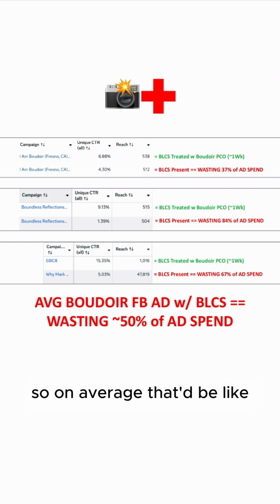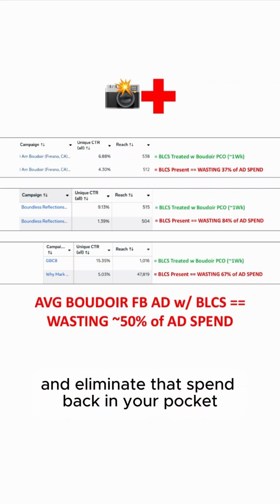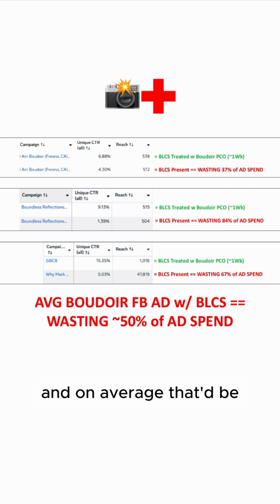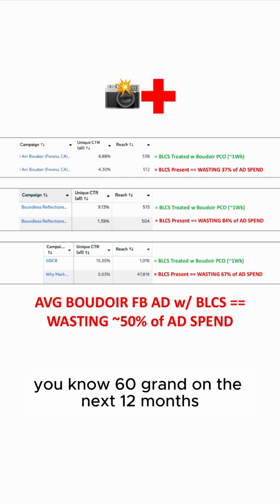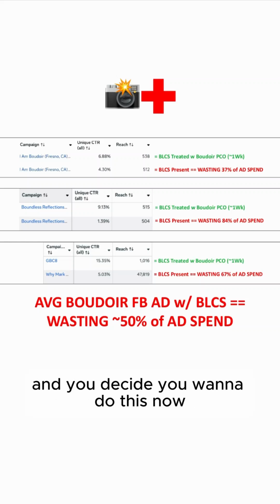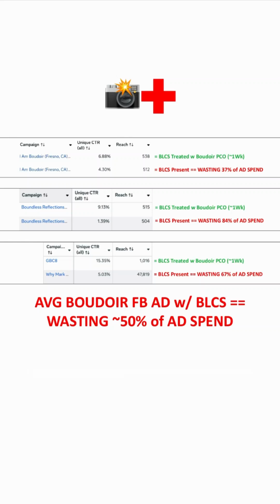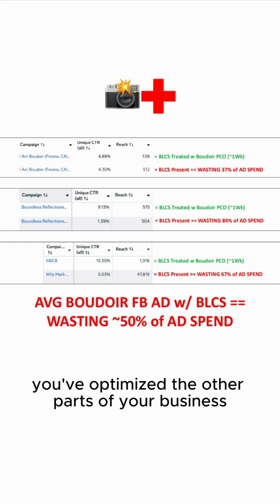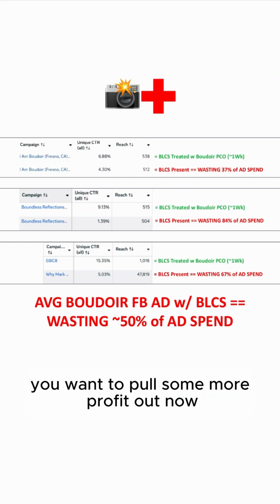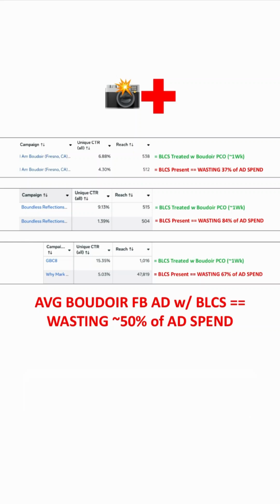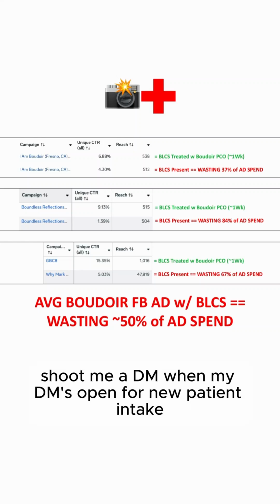So on average, that'd be like 5K a month in eliminated ad spend back in your pocket, and on average that'd be 60 grand in the next 12 months. And you decide you want to do this now because you've optimized the other parts of your business and you want to pull some more profit out now, then shoot me a DM when my DMs are open for new patient intake.